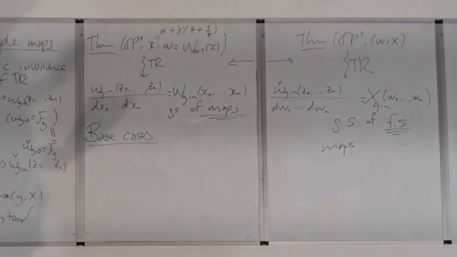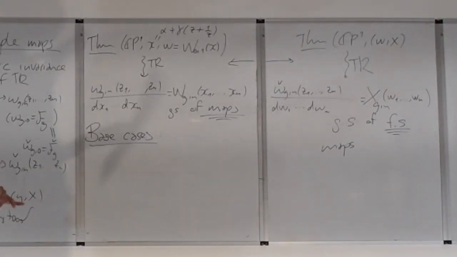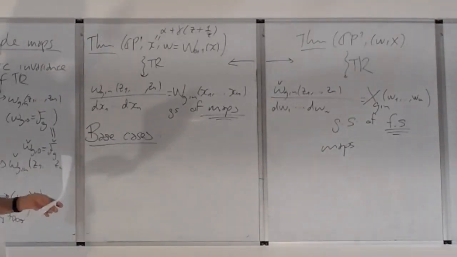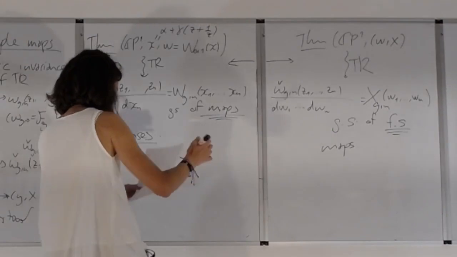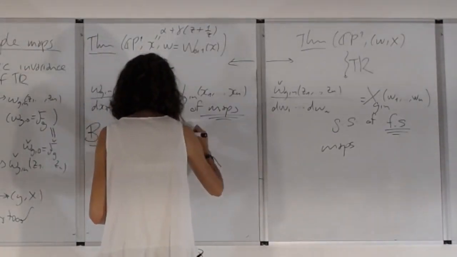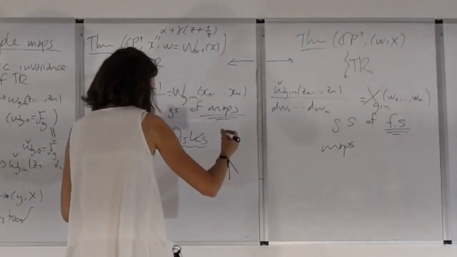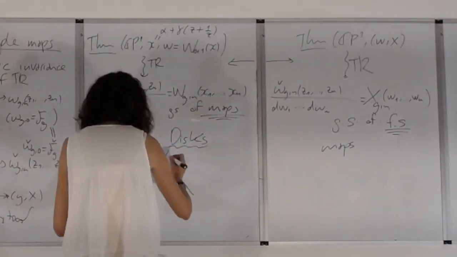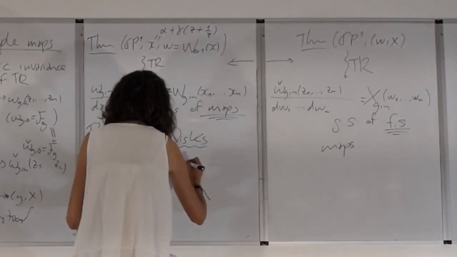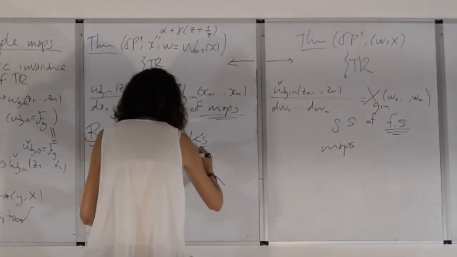I mean, disks is easy to prove from combinatorial transformations. Cylinders is already not so easy. But okay, disks is actually a nice exercise, so maybe we can propose it as an exercise for tomorrow.